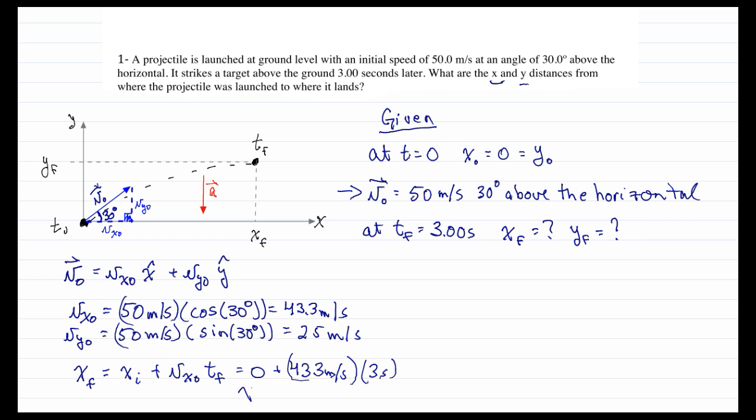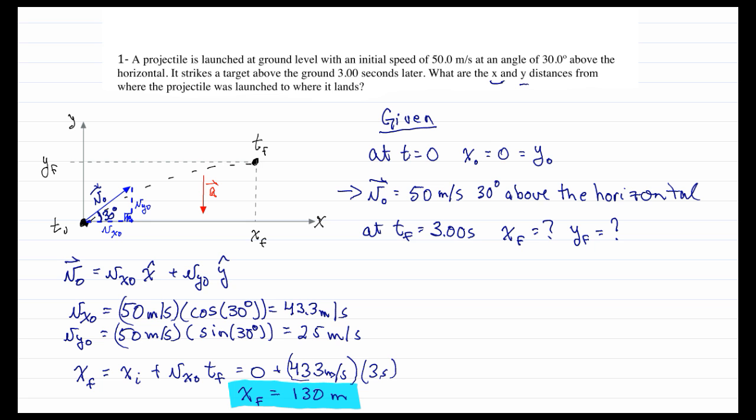And that gives us a final x position of 130 meters. Okay, so that's the distance traveled in the x direction. So we've found half of the problem. Now what about the y direction?